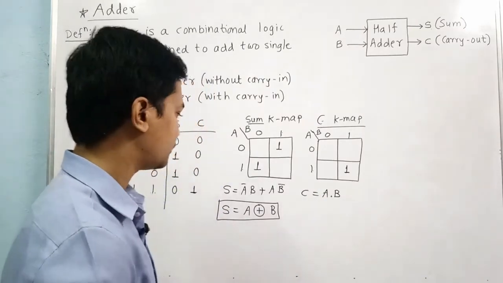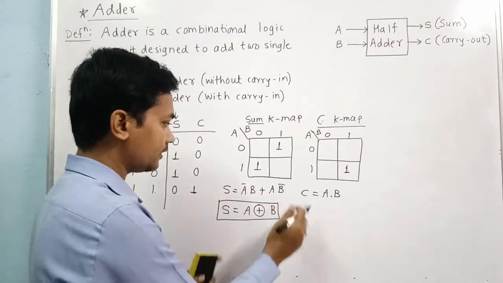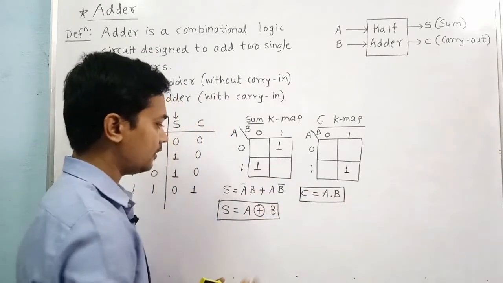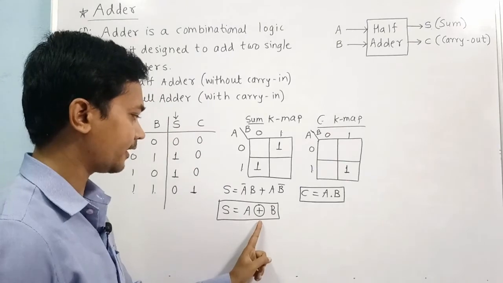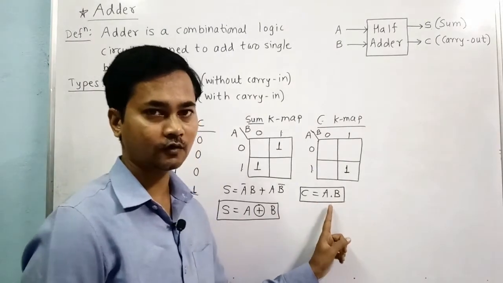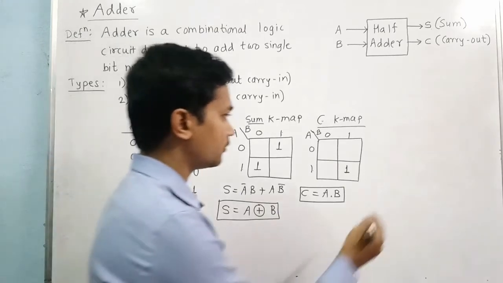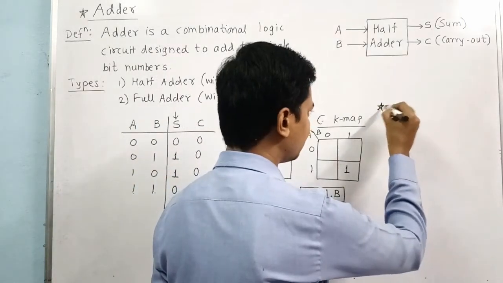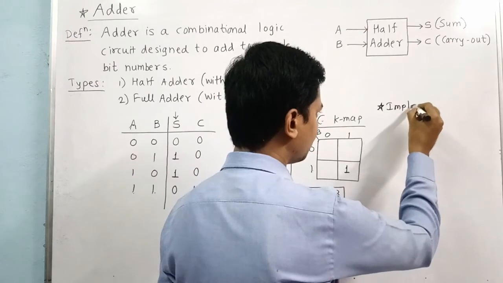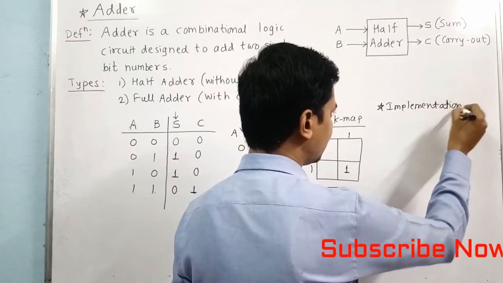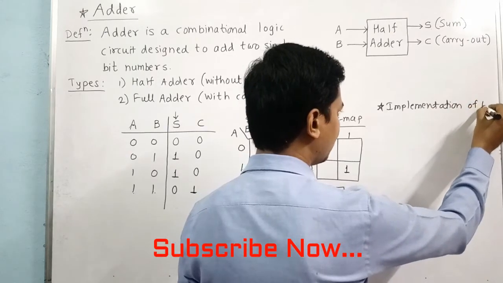From these two equations we can say that to implement the half adder we require one XOR gate and one AND gate. So we will implement this here. Implementation of the half adder.